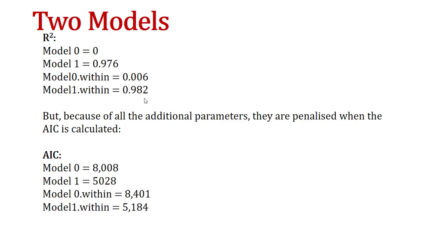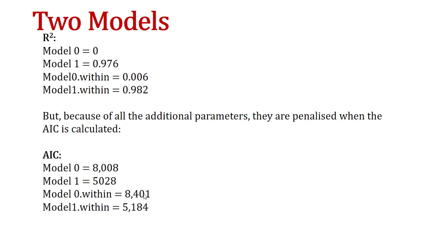But remember that we need to account for these extra 199 parameters that we estimated. So that should be penalized. And you are going to see that the AIC of model 0 is 8008, but model 0 within, even though it predicts the data better, the AIC is higher.